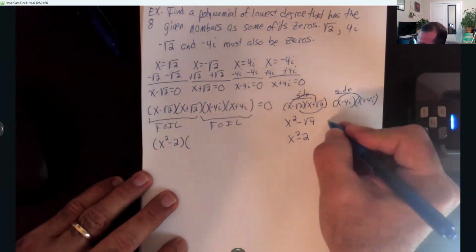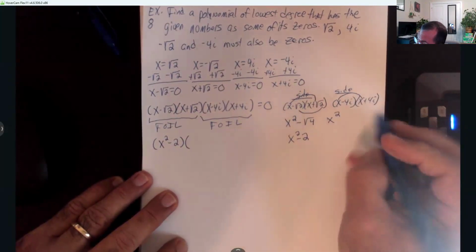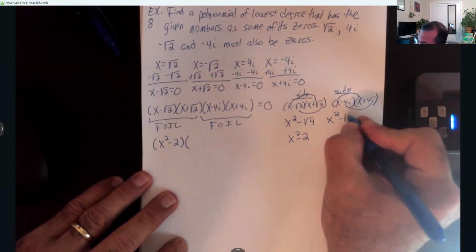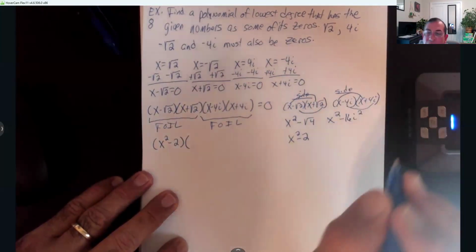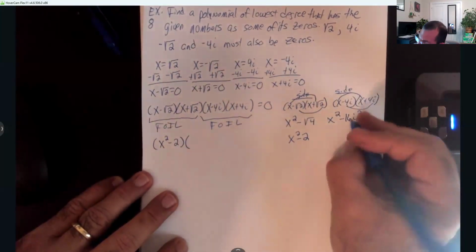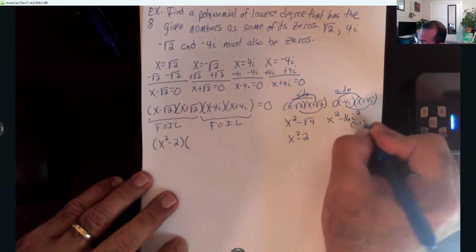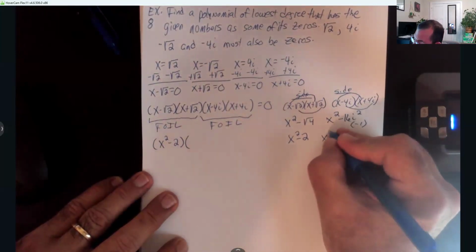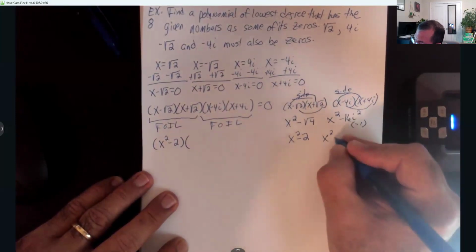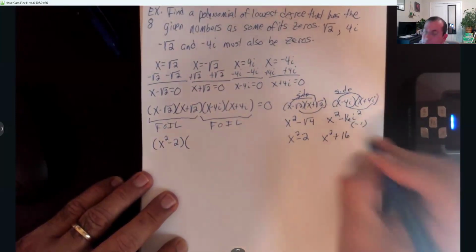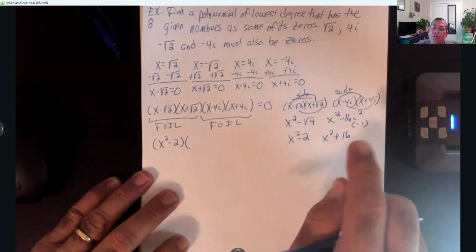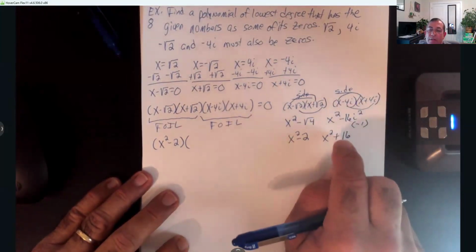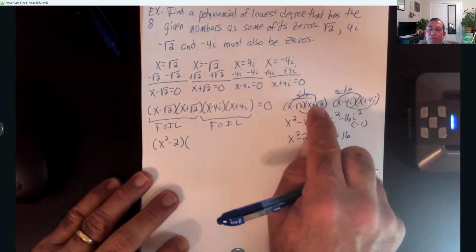X times x is x squared. Negative 4i times 4i is a negative 16i squared. Which y'all remember, i squared equals negative 1. So this becomes x squared. Negative times negative makes that a positive 16. So you got to remember, imaginary numbers always are positive.